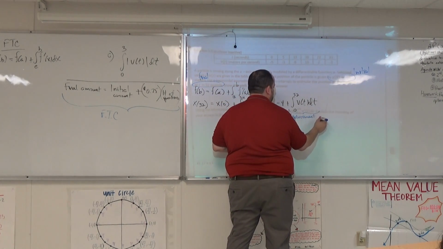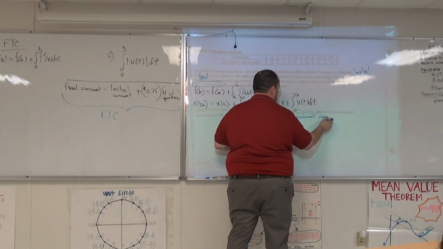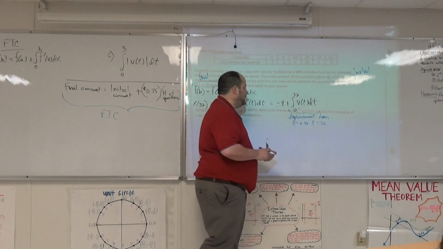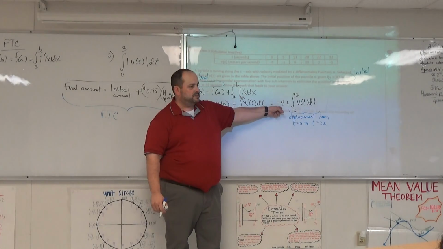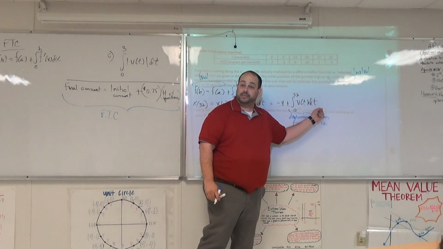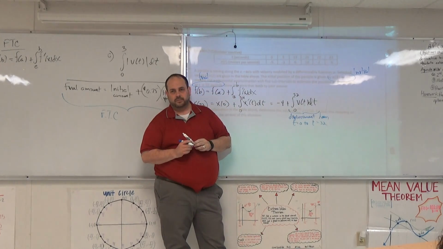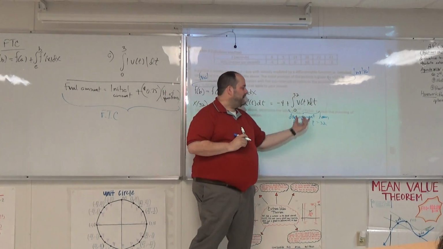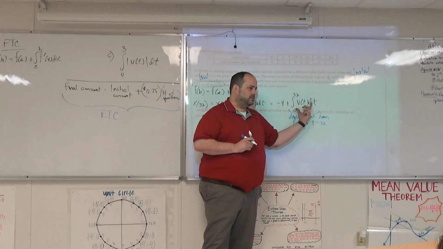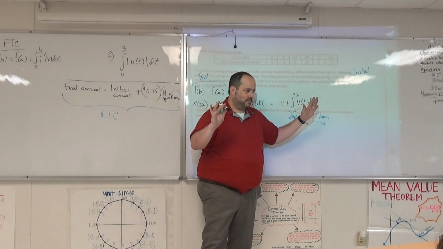Specifically, it's the displacement from t equals 0 to t equals 32. Initial position, add that onto your displacement, your change in position, has to give you final position. Quite honestly, I'm not even interested in what the number is, so let's just do the setup and call it a day.